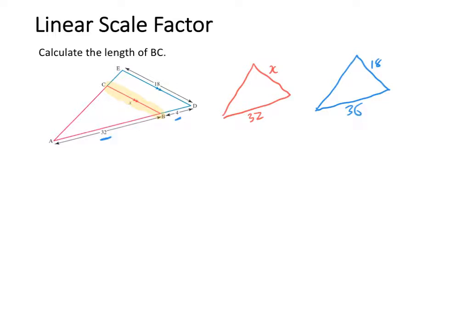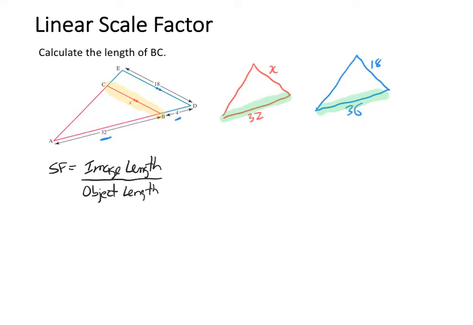To calculate scale factor, I need to know the length of a side on each triangle that is corresponding. Looking at side 32, the corresponding side is 36. So I can use these two sides to calculate my scale factor. Scale factor is image length over the object length.